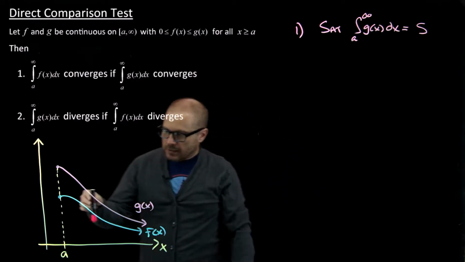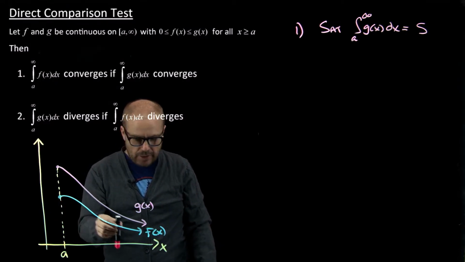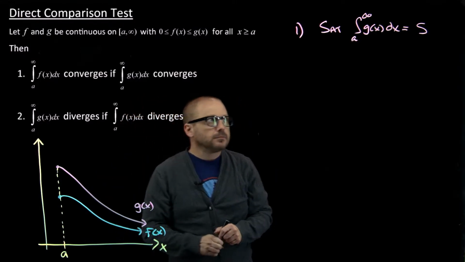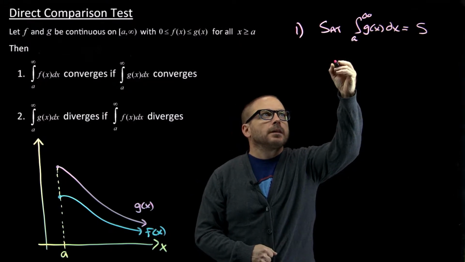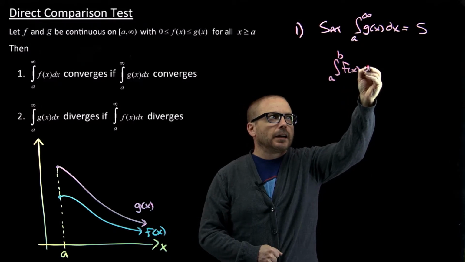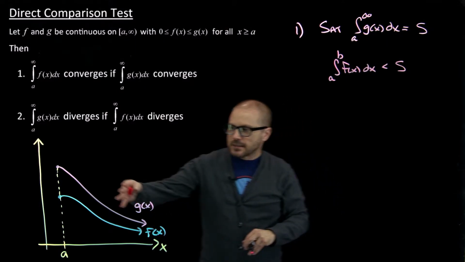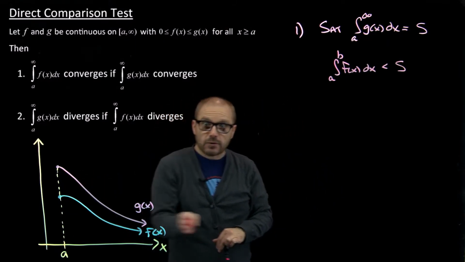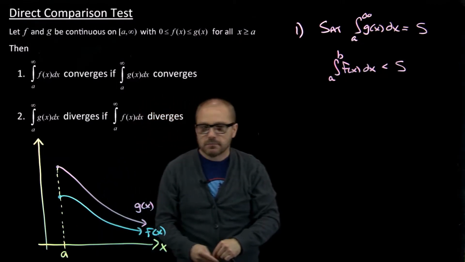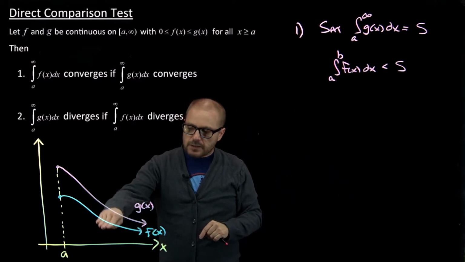Now think about the integral from a to anywhere you want to stop on f, so any b value. The integral from a to b of f of x dx has always got to be less than s. S is the total area under g if you go from a out to infinity. f is even smaller, so if I stop anywhere along the way, the total area I've got so far is less than s.